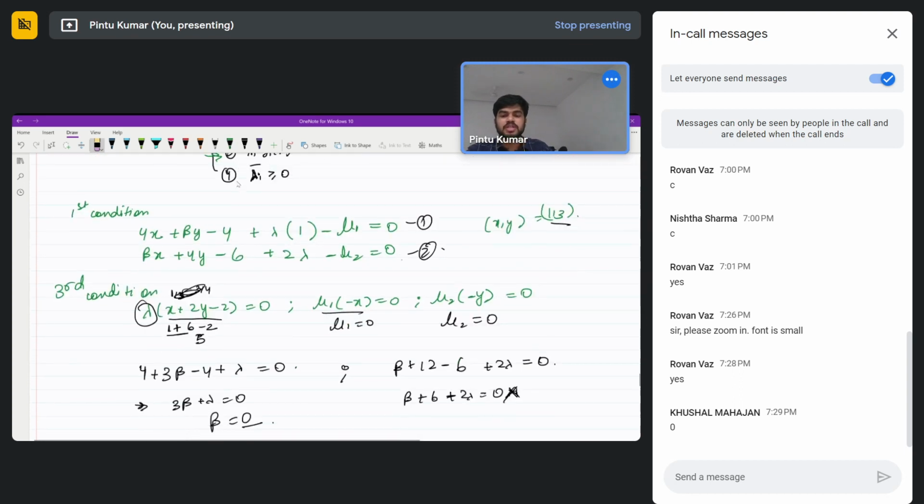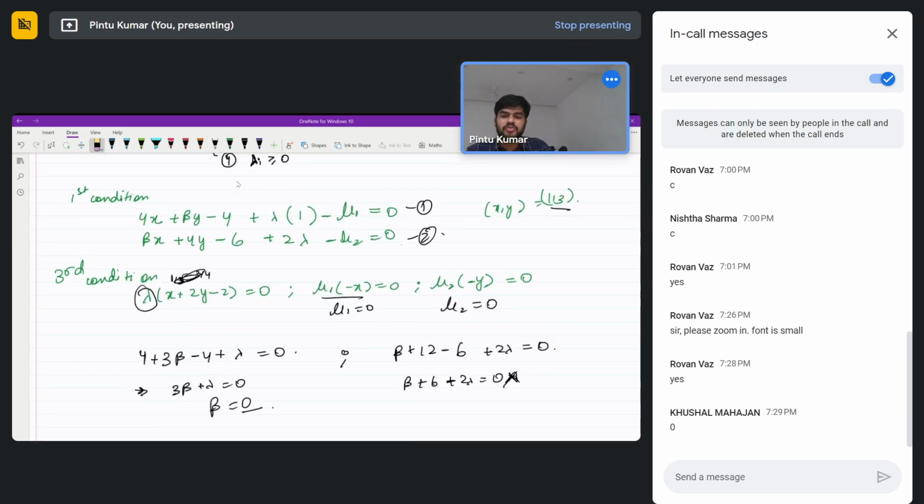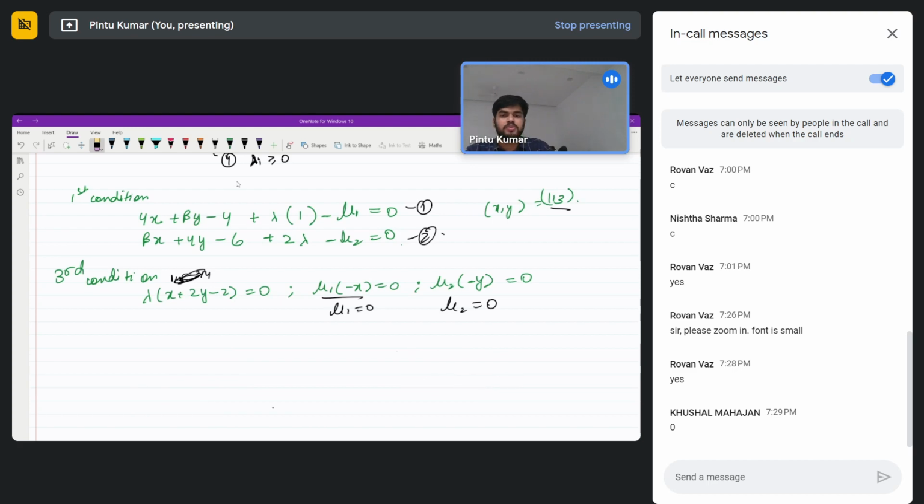Okay, so the steps are the same, but now we have a non-zero lambda, right? Otherwise the question was not making a lot of sense. So again, my mu1 and mu2 would be 0 as before. And now if you look at the interior, right?